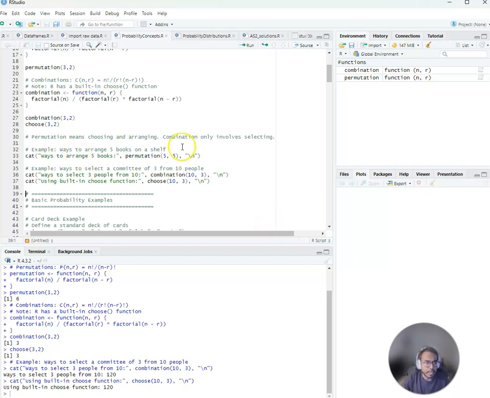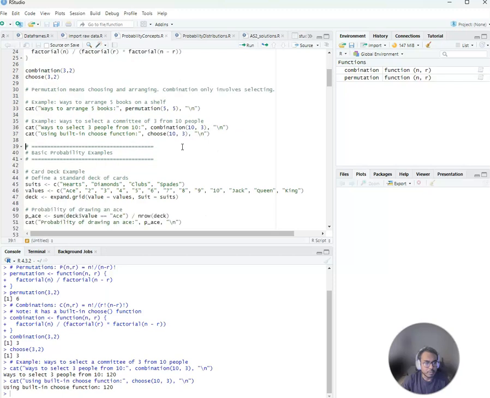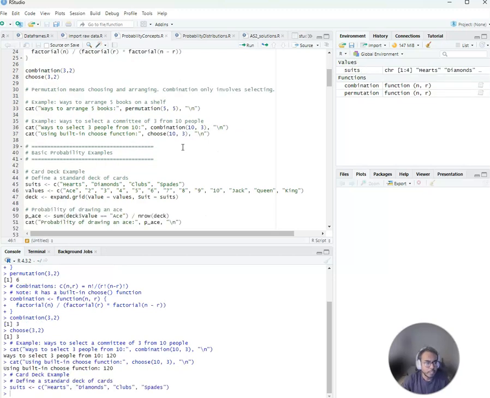So now let's look at the card deck example. The first step would be to define the suits vector. In line 45, I have this vector called suits that contains hearts, diamonds, clubs, and spades. I have the values, which is a vector of ace, 2, 3, 4, up to 10, followed by jack, queen, and king.